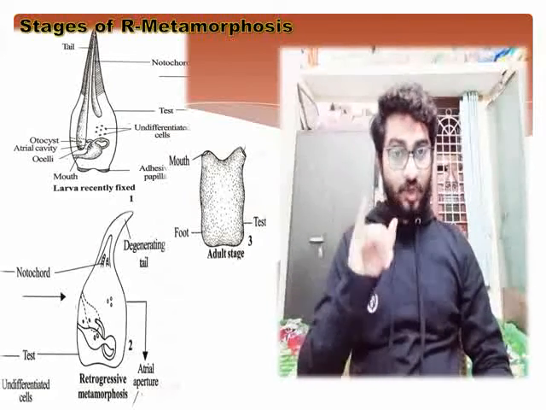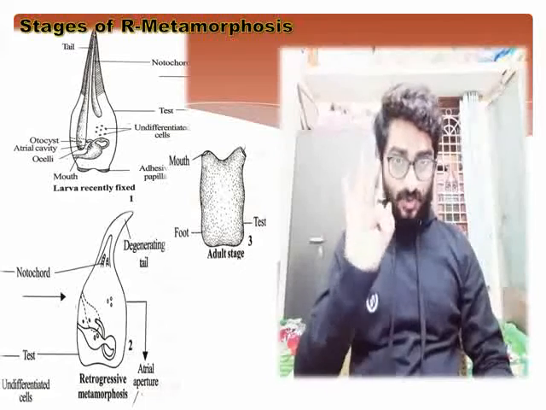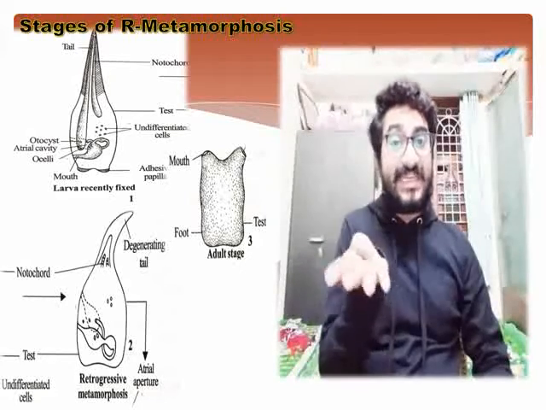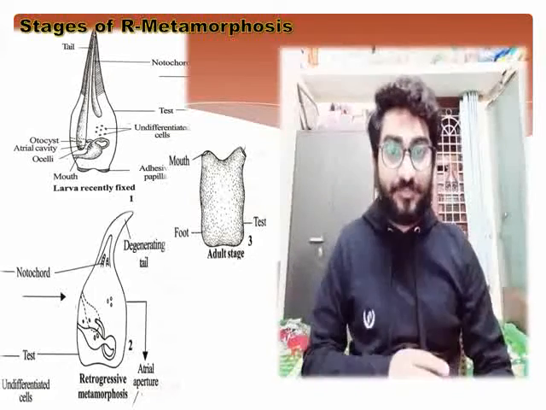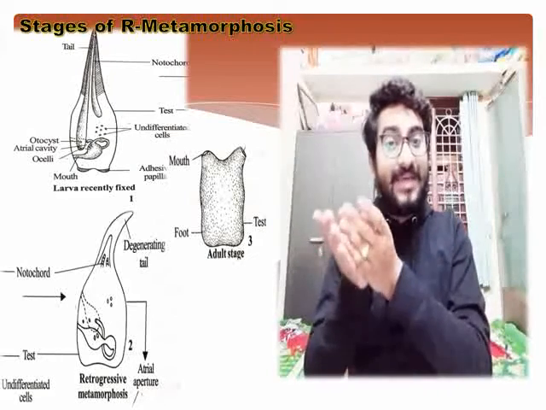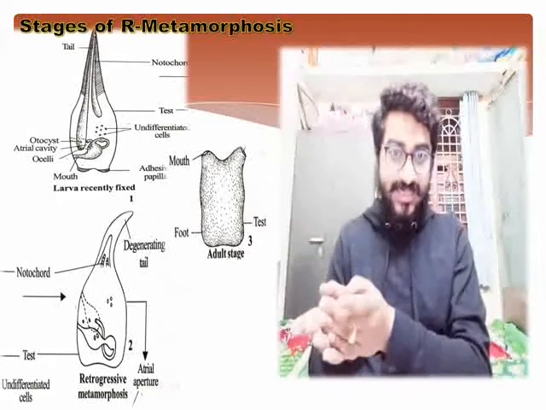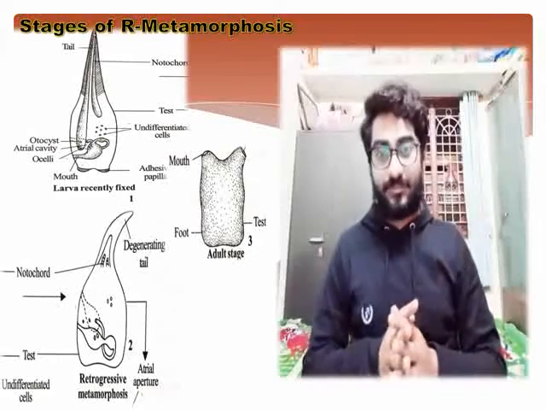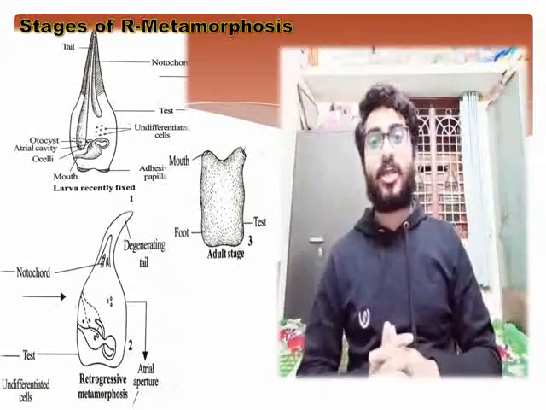So, an anatomical, structural, morphological, physiological transformation, not just a change. It's a transformation from a lower developed larval stage to the adult stage. So this is the definition of metamorphosis.